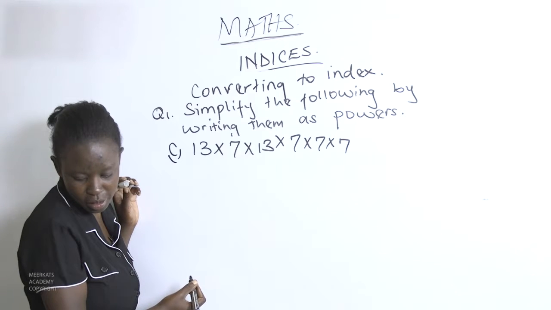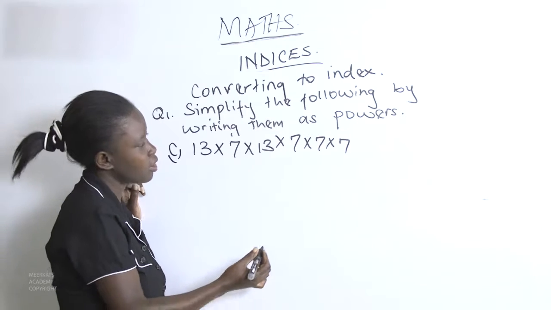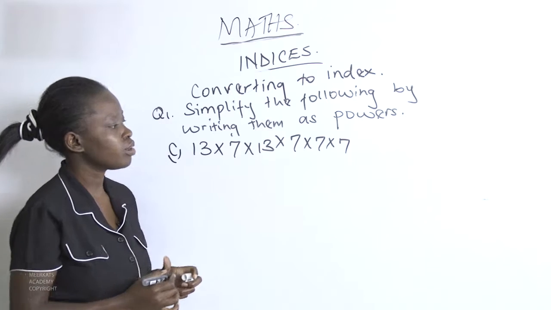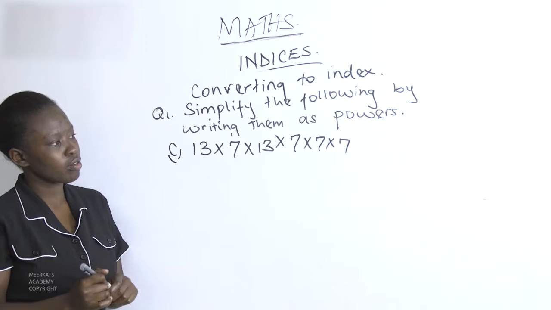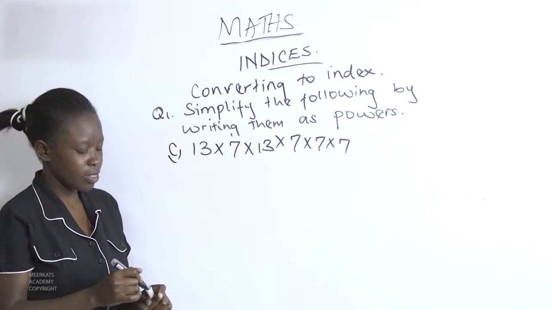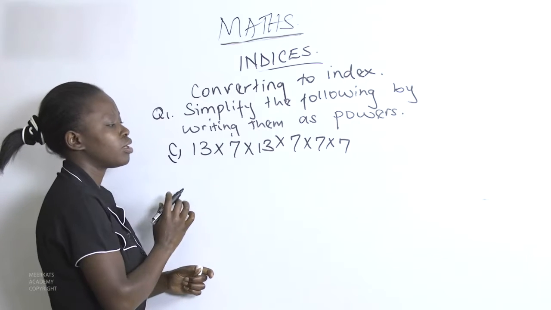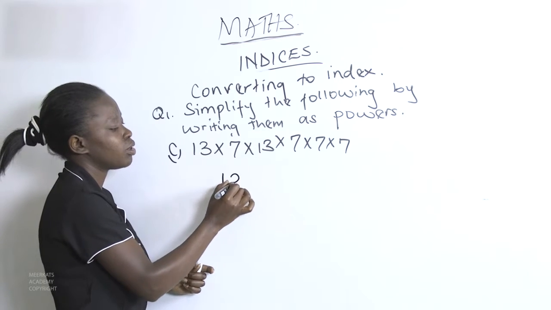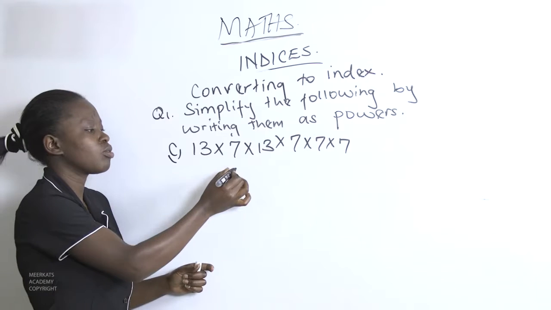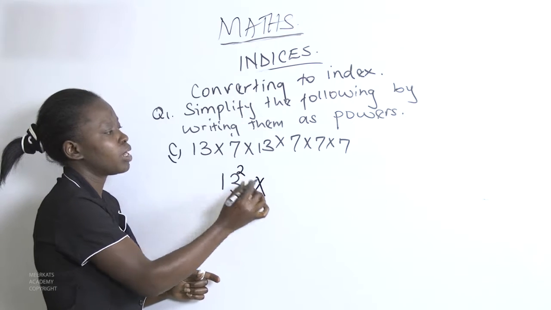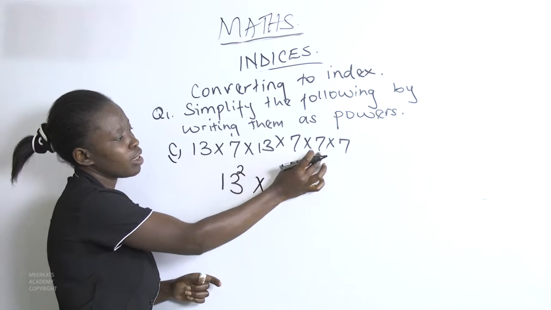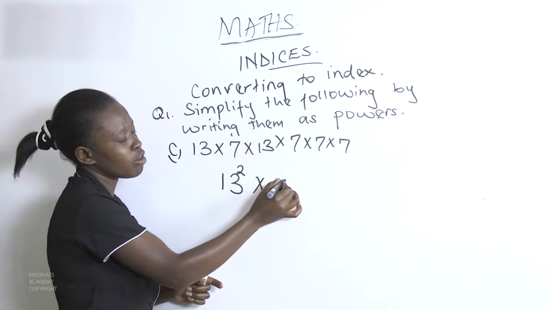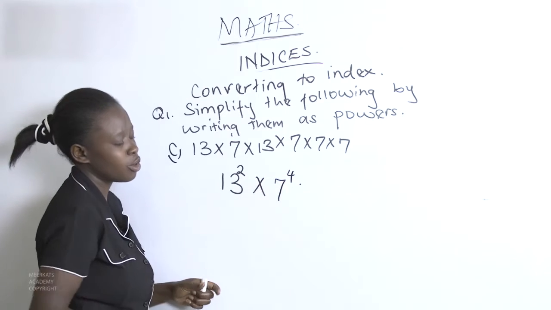So we have 13 times 7 times 13 times 7 times 7 times 7. We discover that the 13 is being repeated twice. So 13 being repeated twice, we have 13 to the power of 2, multiplied by 7 has been repeated 4 times, so we have 7 to the power of 4.